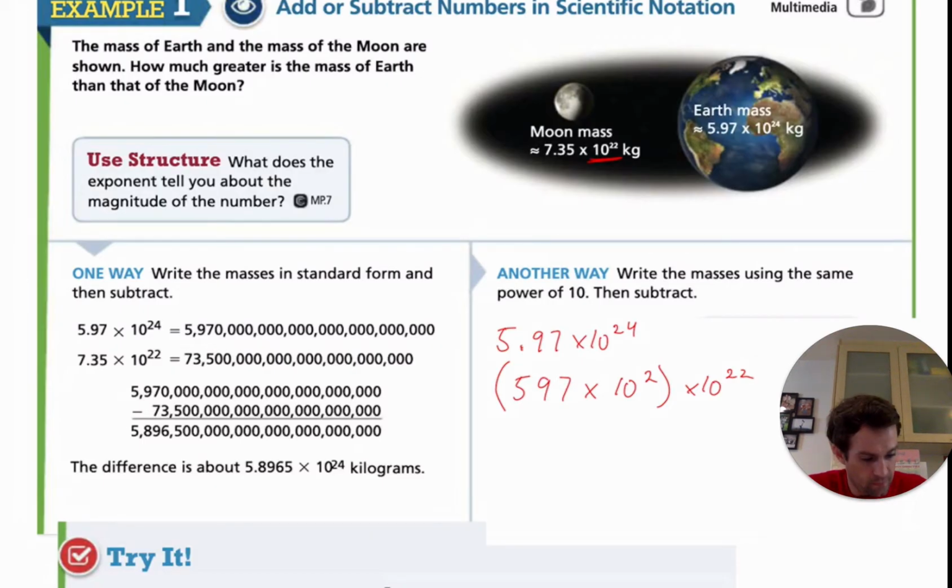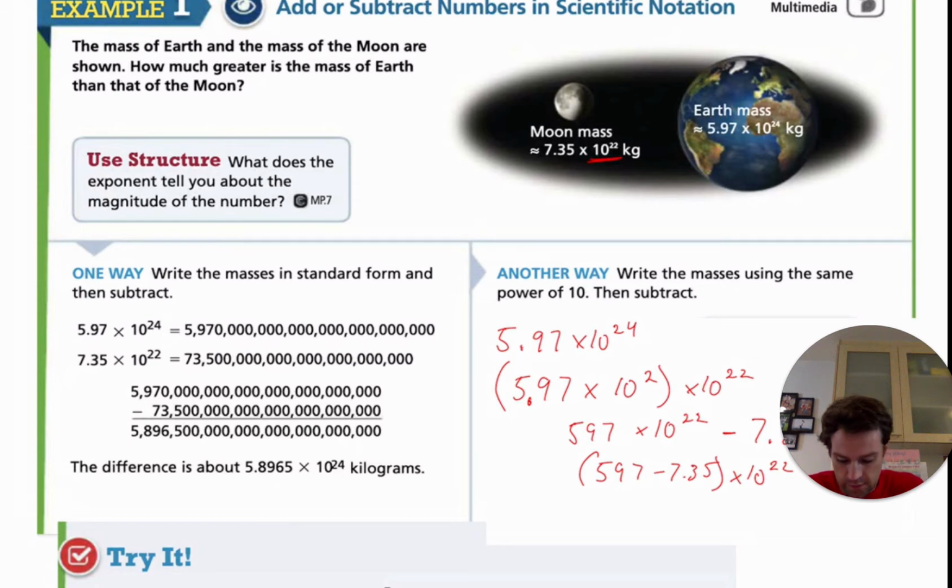Actually, this is a decimal here still, so we can rewrite this as 597 times 10 to the power of 22 minus 7.35, so the Moon, 10 to the power of 22. So they're both the same factor, so we can rewrite this as 597 minus 7.35 times 10 to the power of 22, since the bases are the same, so that value is the same.